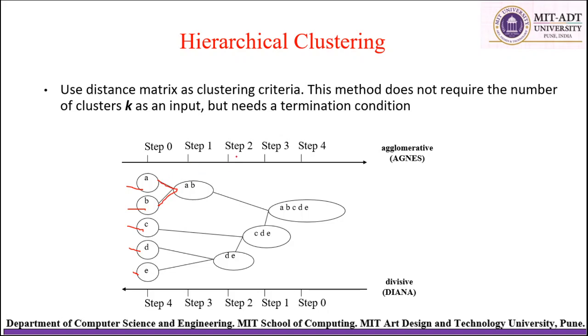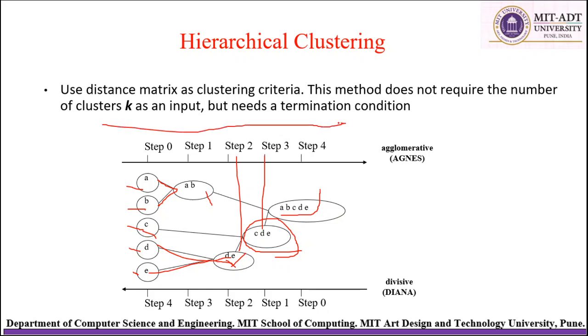In the next iteration, I have merged D and E. So at this phase, I have AB and DE as the two clusters and C as an individual cluster. At step 3, C is combined with the cluster DE, so the larger cluster formed is CDE. And at step 4, we have the ABCDE cluster. So this is how agglomerative clustering works from bottom to top.